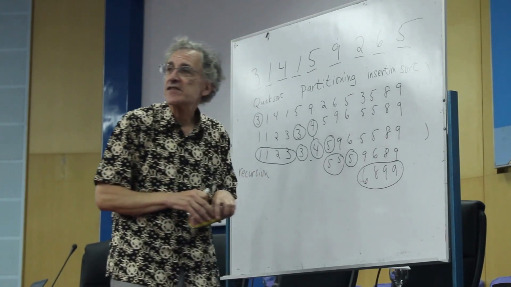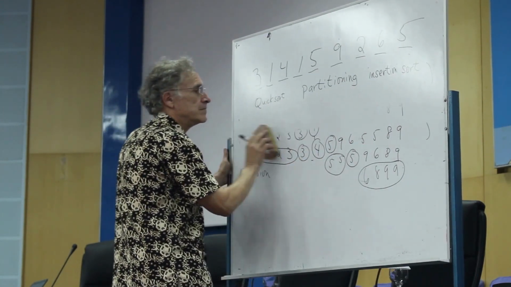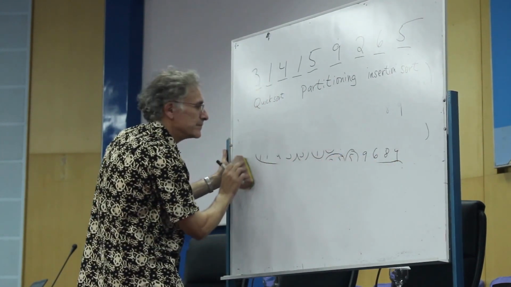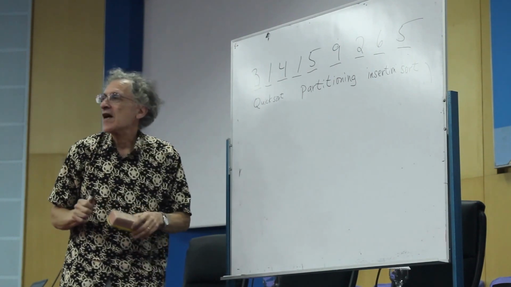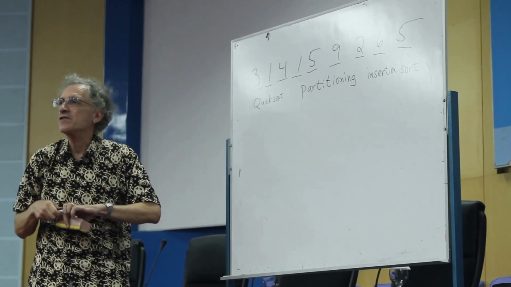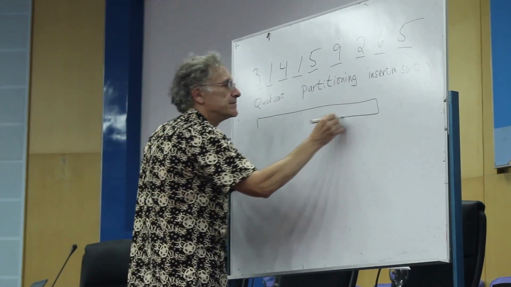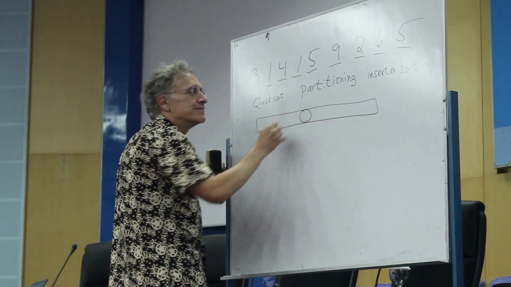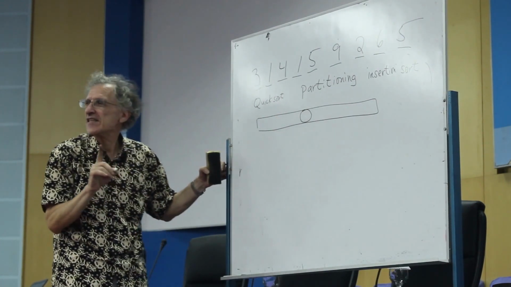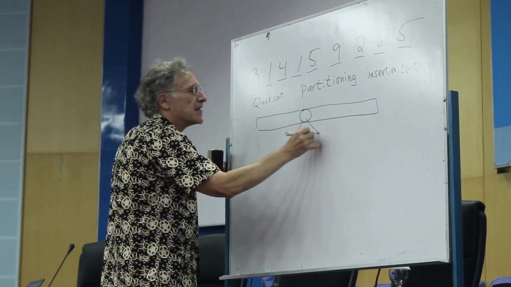How expensive is it? Let me show you with a picture. Let me imagine that I am always very lucky when I partition. Here are my numbers. And when I partition, I divide it nicely in half. So now I have two problems to solve.